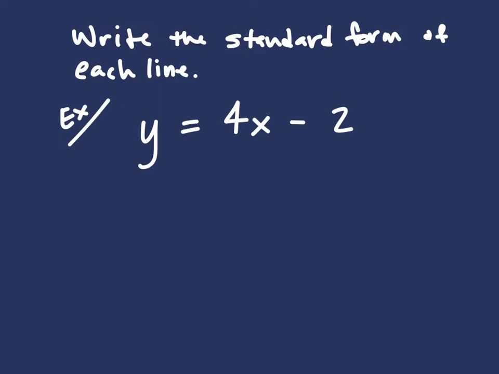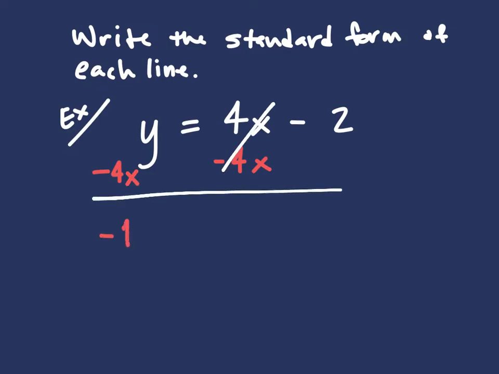The next one that we've got is y equals 4x minus 2. Same thing, we just want to move this 4x term over to the other side. We would subtract 4x from both sides, and this would cancel out here. In our next step down, we would write negative 4x plus y is equal to negative 2.